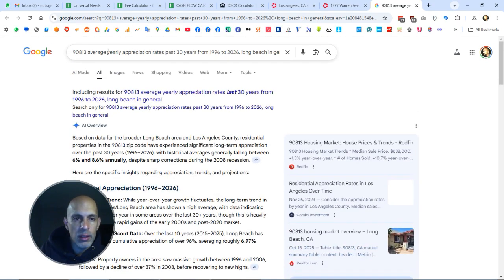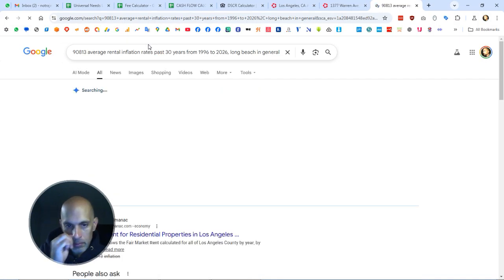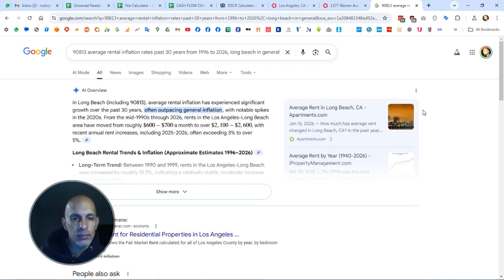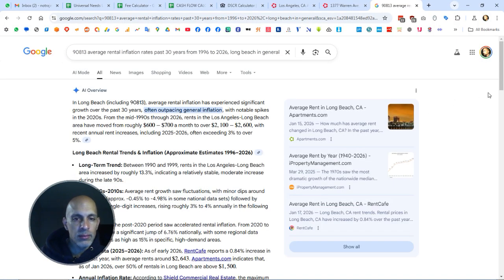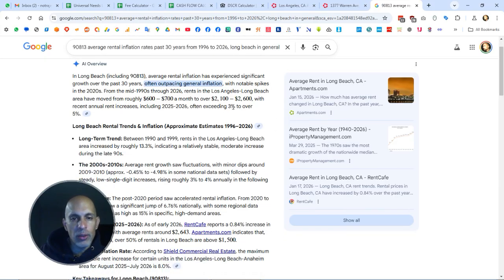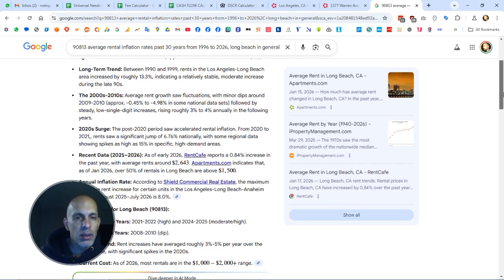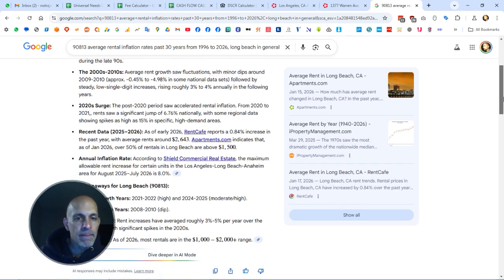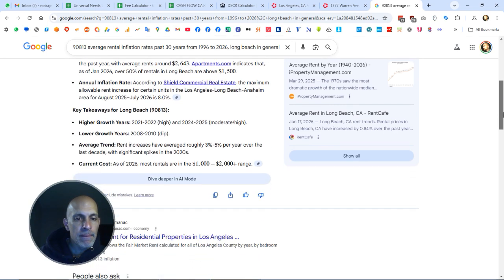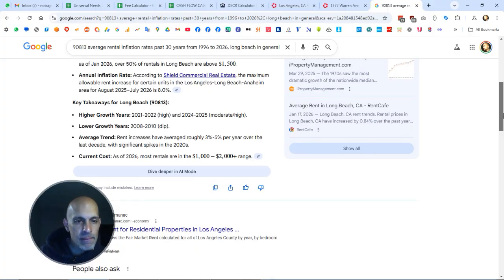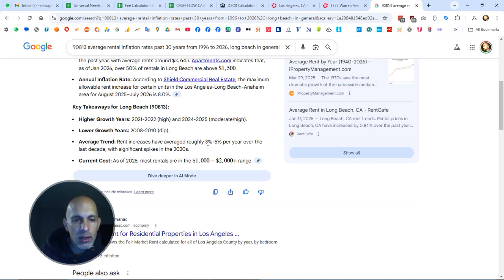So let's see here. Now what I'm going to do is rental inflation rates. Often exceeding 3% to over 5%. Average trend, 3 to 5% in the 2020s.